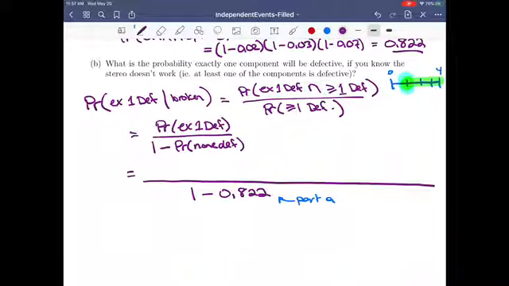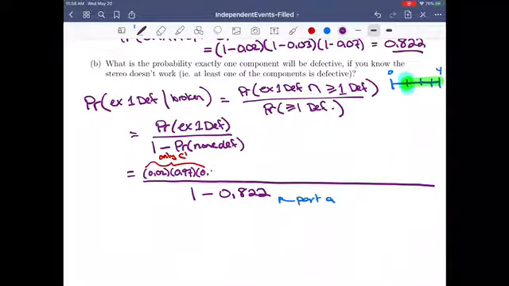For the top, we have to do cases. I'm going to write them out. The first case is only C complement, so only C is defective. That's going to be 0.02, and then 1 minus 0.03, so 0.97, and then 1 minus 0.07, so 0.93 twice.